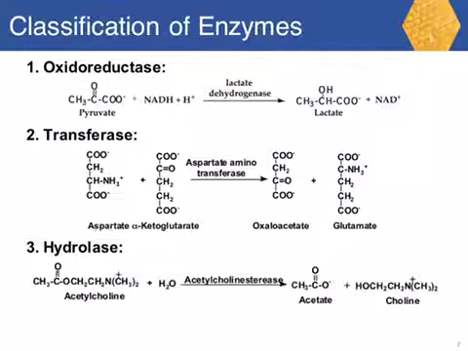So if you look at the aspartate, we took the NH3 off of that and we put it onto the alpha ketoglutarate where the carbonyl group is. And what that resulted in is changing the structure, and because you exchanged that functional group, you now created oxaloacetate and glutamate. So transferase just simply exchanges one functional group for another.